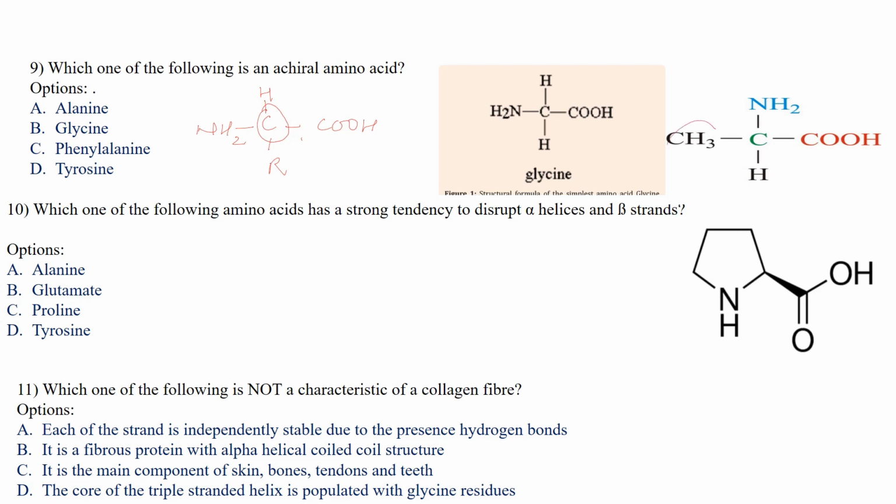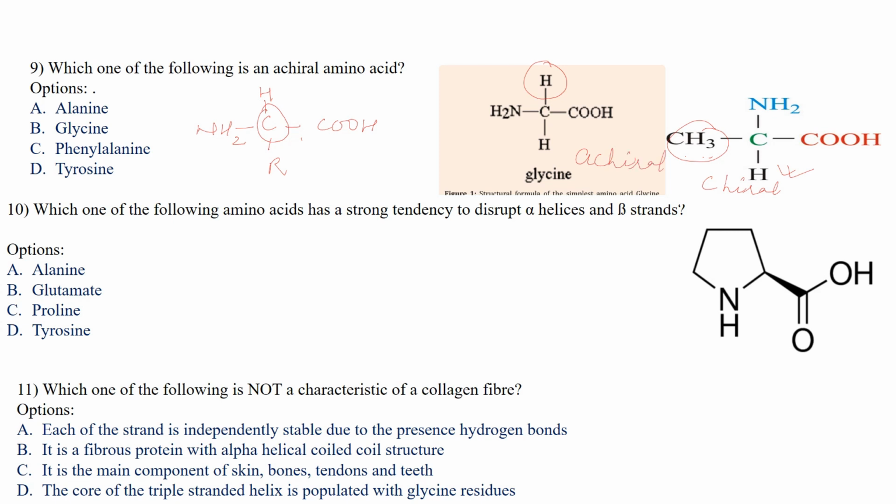For example, this is the structure of an alanine molecule. Here you can see that the R group is a methyl group, therefore it is a chiral amino acid. But in this structure, you can see it's of glycine. The R group is a hydrogen atom, that is, the 4 constituents are not different, therefore it is an achiral molecule.